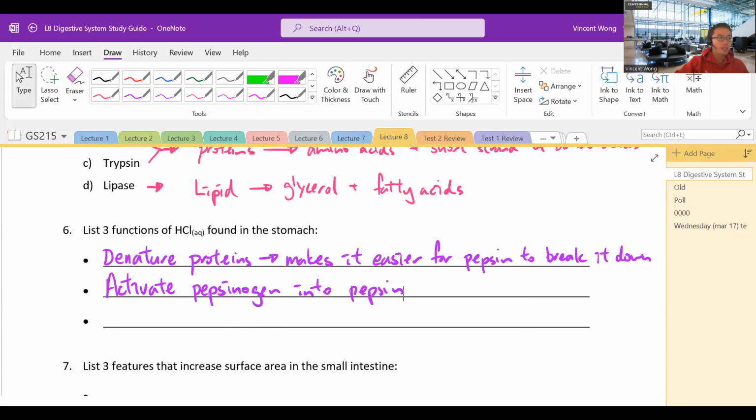So when you produce the pepsinogen, it is inactive, right? And you must turn it on into the active form, and that will be the function of HCl. Does anybody remember what produces pepsinogen in the stomach? You have different cell types, right? Which one is responsible for producing the pepsinogen?